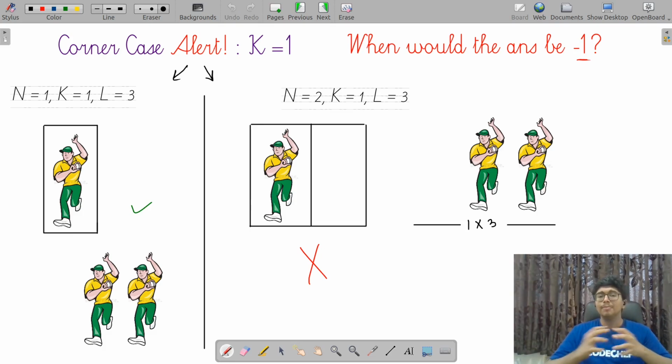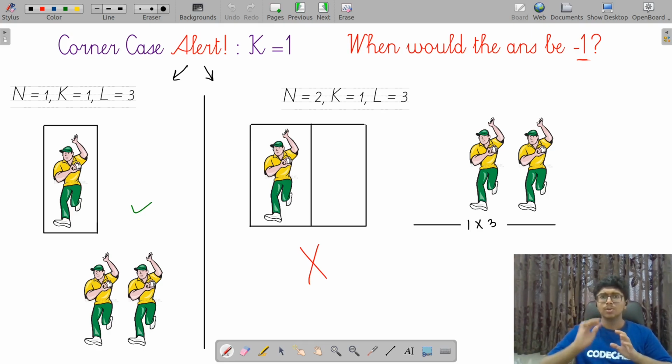Okay, so to sum up this problem, first of all we would be given n, k and l as our inputs. First of all we would check that, okay, if k into l is less than n, then straight away I would be printing -1. I do not evaluate anything further. But if k into l is greater than or equal to n, then I need to check one small case also, which is when k is 1.